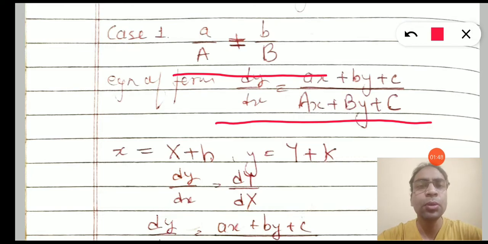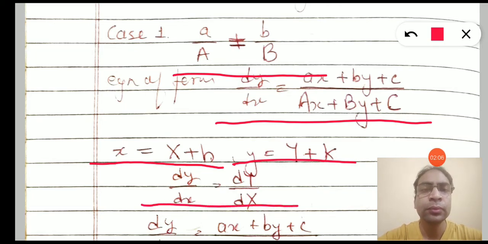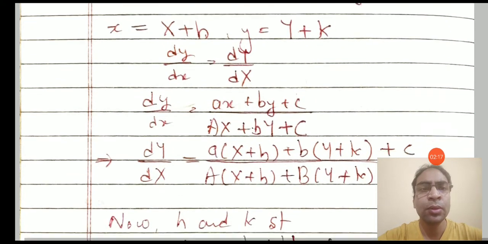We will substitute small x is equal to capital X plus h and small y is equal to capital Y plus k, where h and k are two constants. How these two constants are decided, we will see. So dy by dx will be dY upon dX.